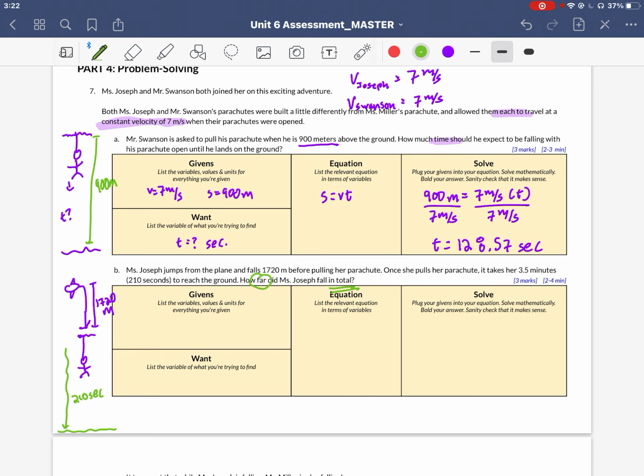So now our displacement is the total displacement. And so Ms. Joseph has traveled from the plane to the ground. So what is the total displacement? So my initial displacement is 1720 meters. I want my total displacement.